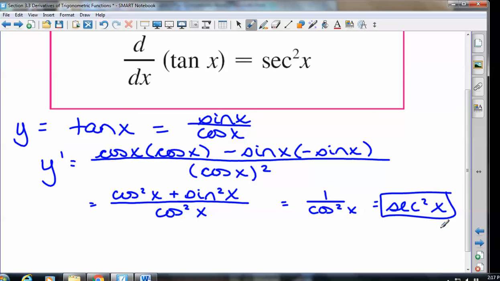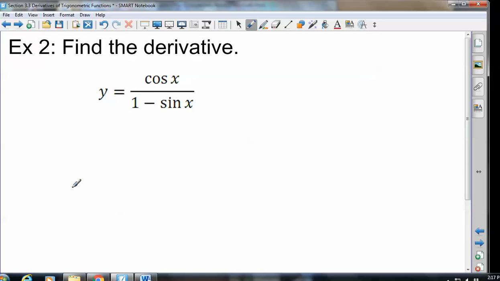Alright, questions there? Let's do one more and then we'll stop for today. Let's just work this again. How would I do this derivative? Quotient rule.